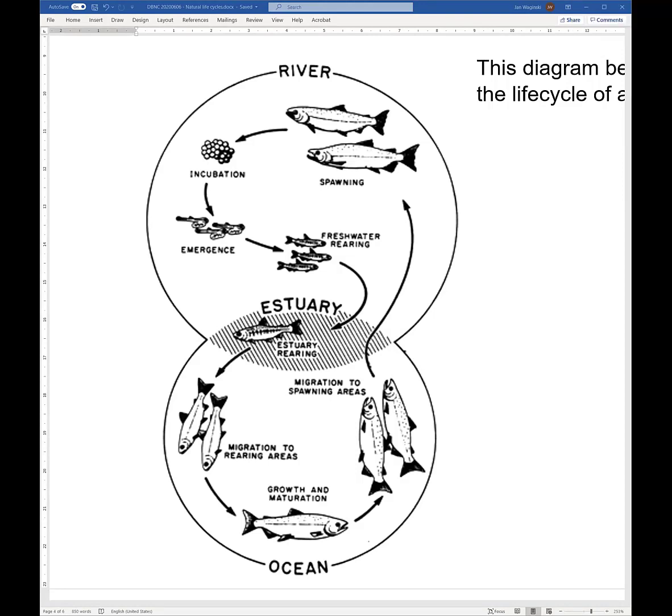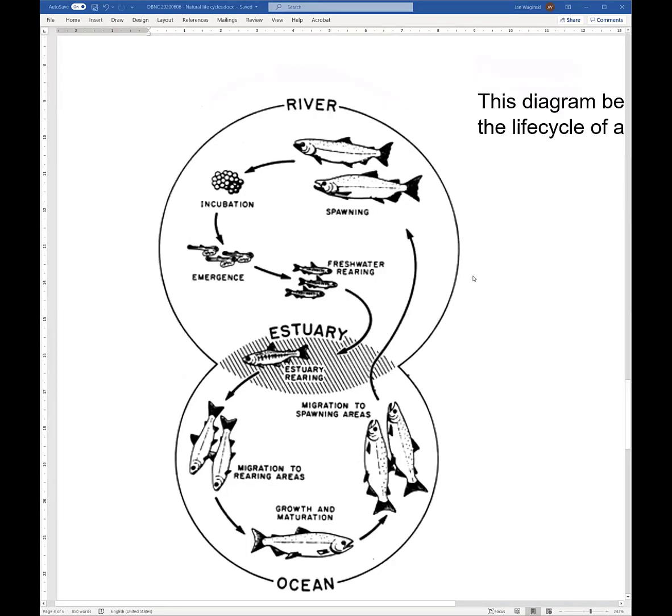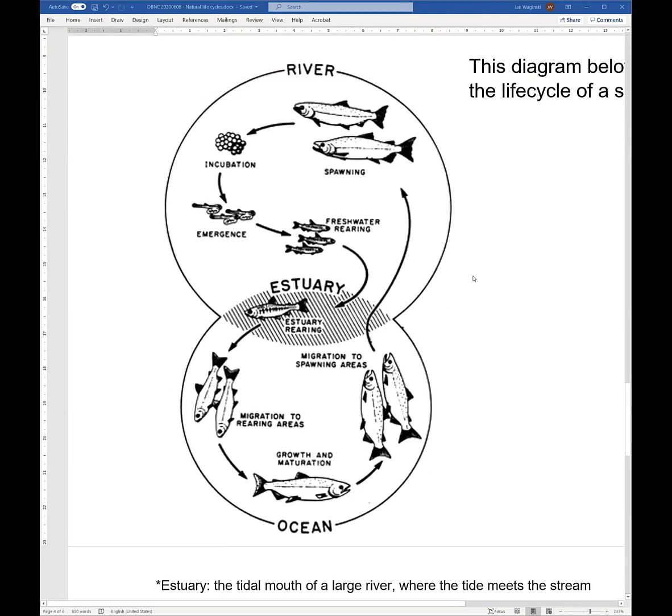By 2 cycles? Like what would those 2 cycles be? I will talk first about the river cycle and then the ocean cycle, and there is the estuary, which I can make a link between them. So, okay, why 2? Why not do 3? Or 3, yes. So you've got clearly river, estuary, ocean, so 3 different places.